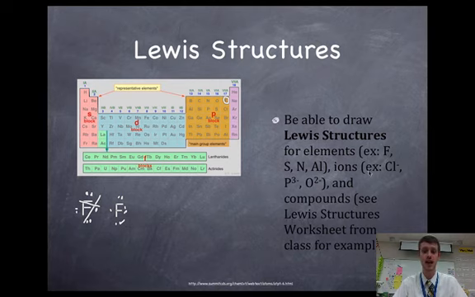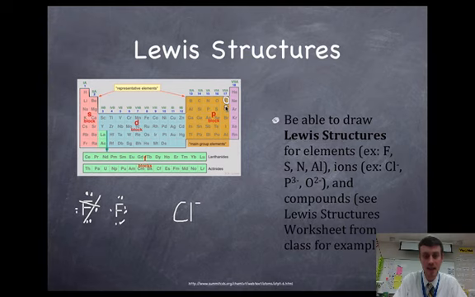You're also going to have ions. So if I have chlorine and it's Cl minus, what that minus tells me, because we know the charge of an electron is negative, is that if I have -1, then I have one extra electron.